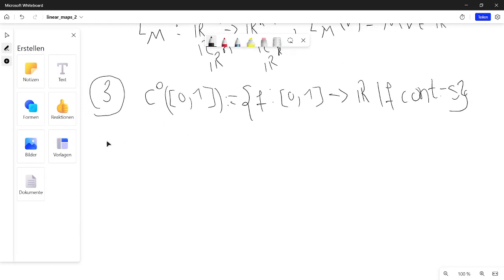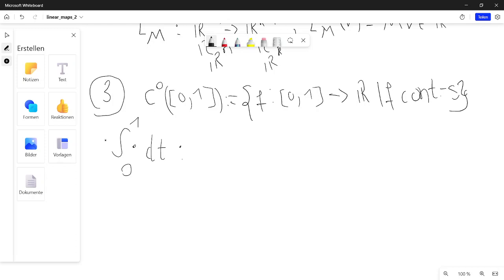And what could be our linear map? Well, we just do the following. We want to integrate. You probably wonder what an integral has to do with a linear map. Well, you'll see in a second. We integrate something that is here. We could just plug in any function.